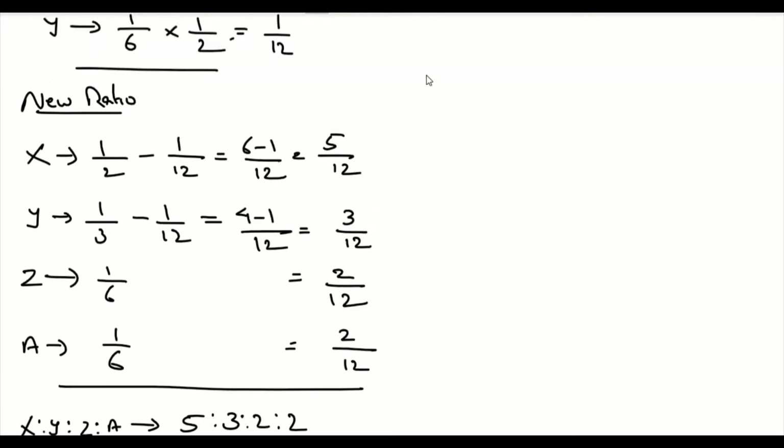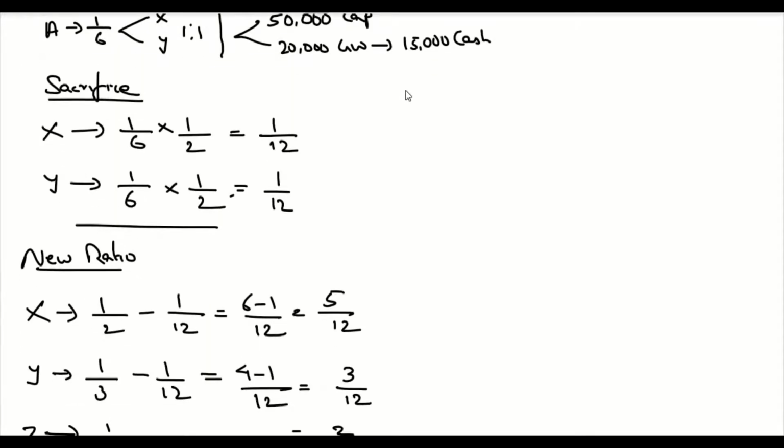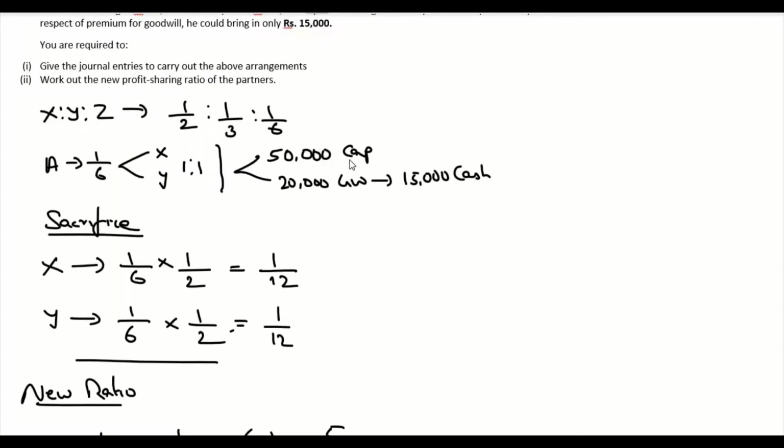The first journal entry will be A is going to bring 50,000 rupees towards his capital and 15,000 rupees towards his goodwill, and his total goodwill is 20,000.